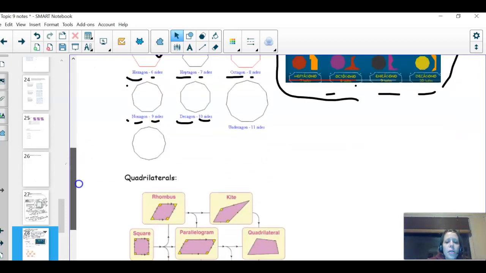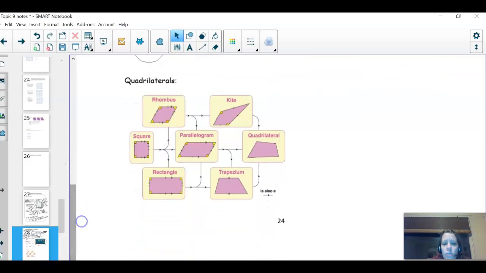Okay, now let's talk about quadrilaterals. When we talk about quadrilaterals, we're not going to spend a lot of time on them right now. We're going to hit those a little bit later, but I want you to have kind of the basic quadrilaterals for now.